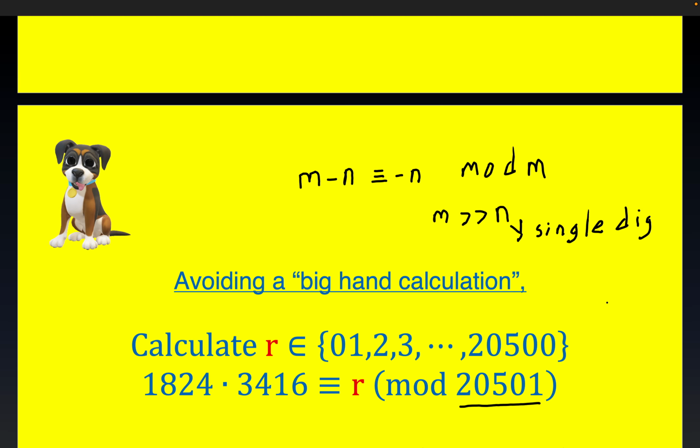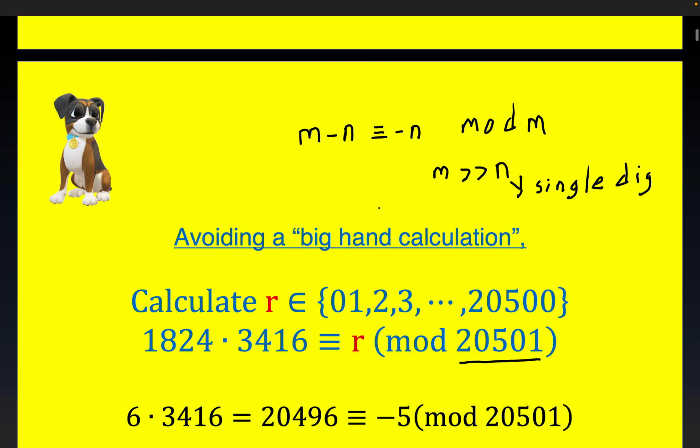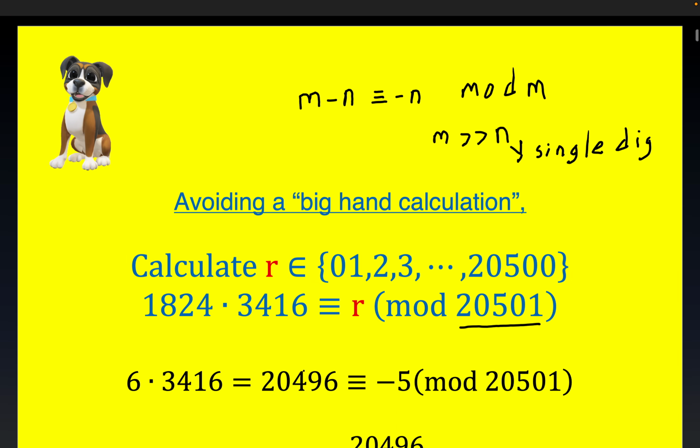Now, the first big observation: look how close 6 times this larger number is. It could have worked for either one, I guess, but we did 6 times this larger number, and it gives us a number very close to the modulus.